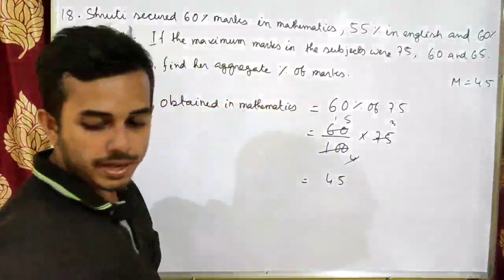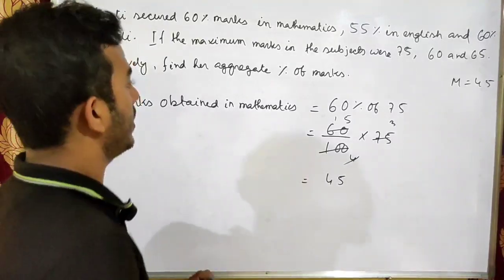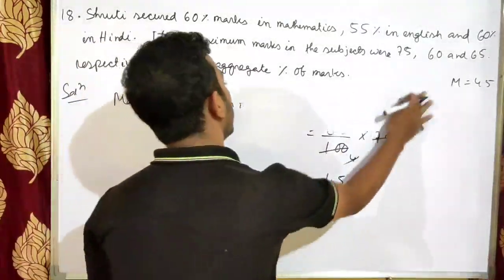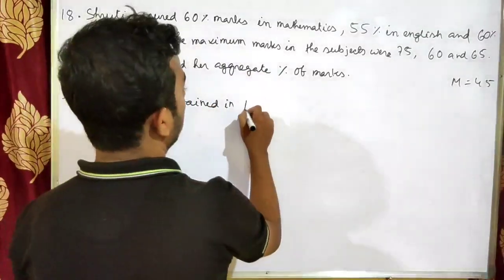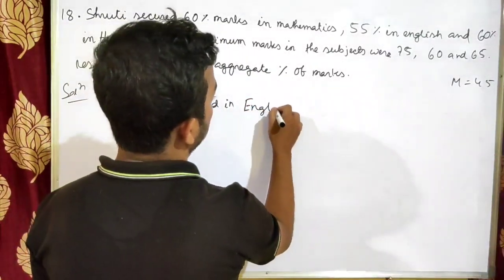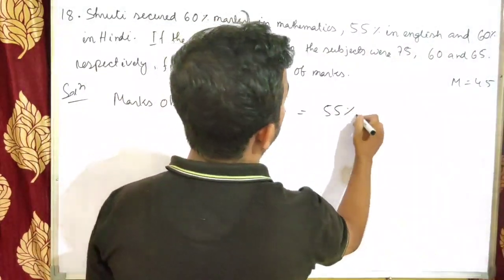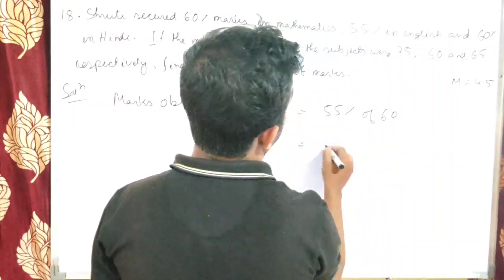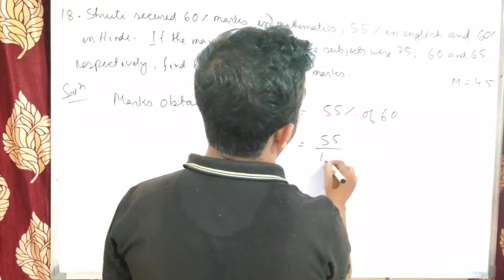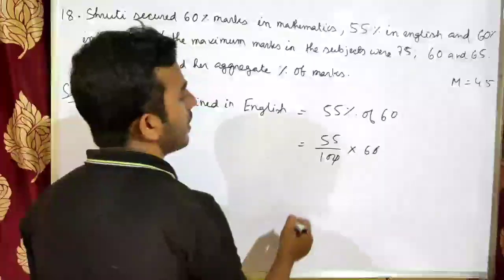Now we have to find the marks obtained in the next subject, English. Marks obtained in English is 55% of 60. 55% means 55 by 100 of 60. 0 0 cancel.